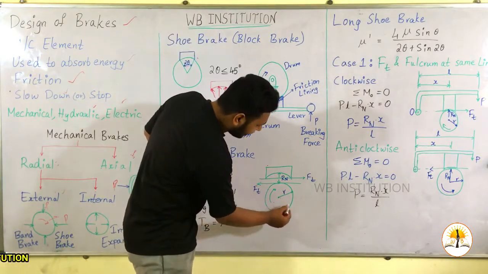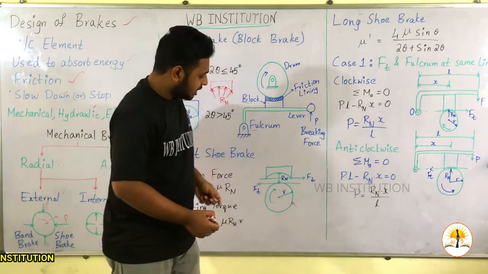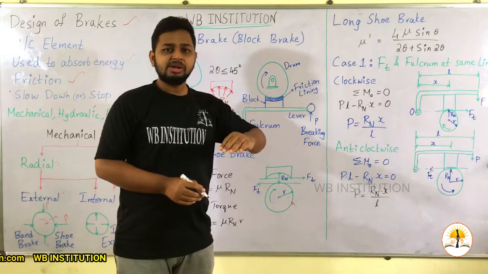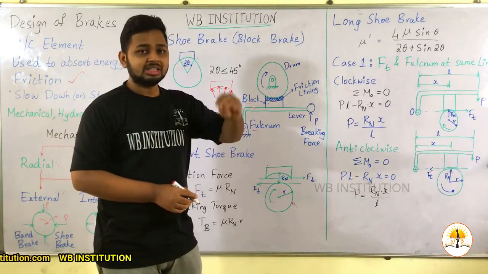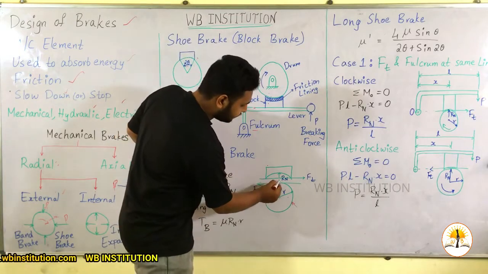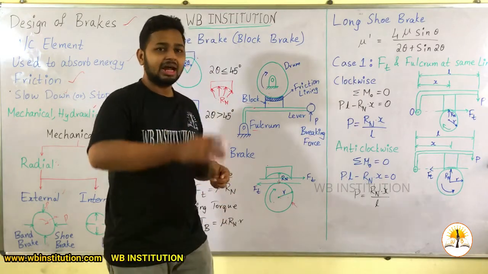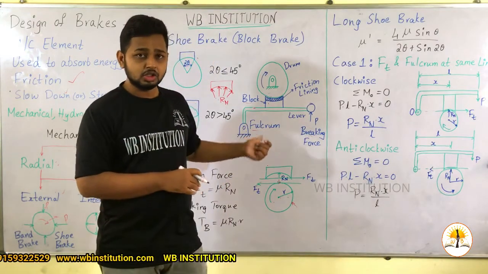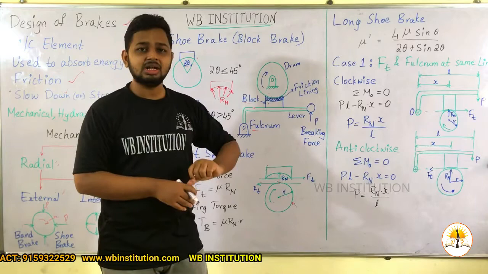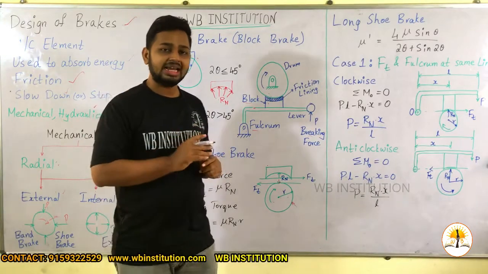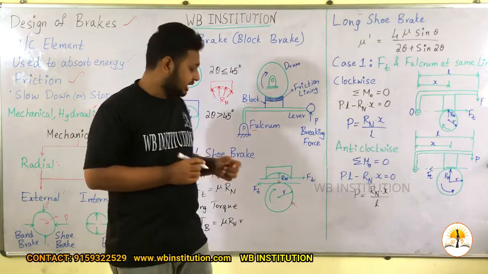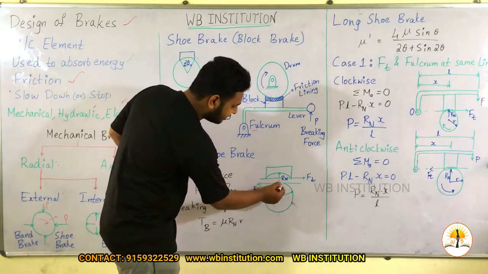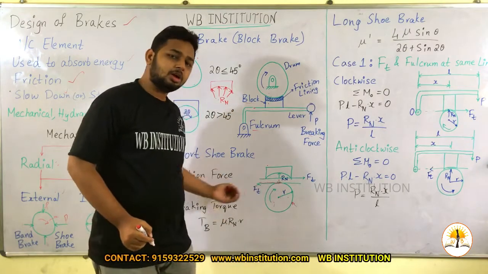Now if we take the view of a drum, it is rotating in the clockwise direction. When we apply the brake, some force will be exerted on the surface of the drum, and that force will be Rn. While applying the forces, frictional forces will be generated between the shoe and the drum. In what direction will the frictional forces act? In case of the drum, it is rotating clockwise, so the frictional forces will act in the anti-clockwise direction.